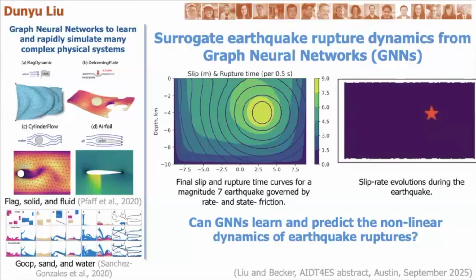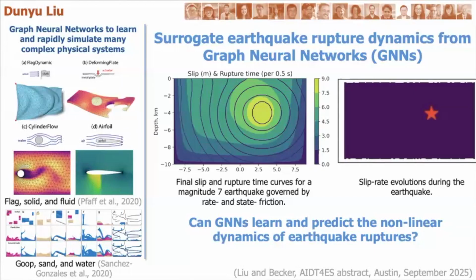Here are some examples: this is a flag deforming under wind, this is a solid plate that you deform, and these are fluid fields, and later on there were water drops, sand, and other granular materials. So graph neural networks have been shown to be really good at learning and predicting physical and even non-physical systems.